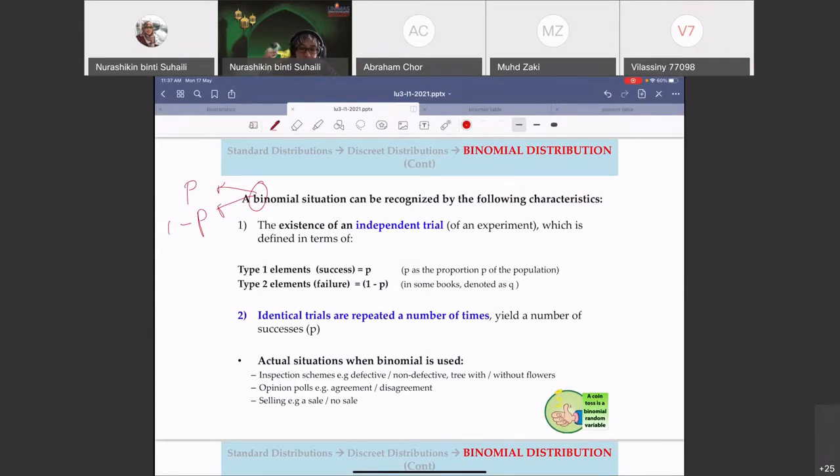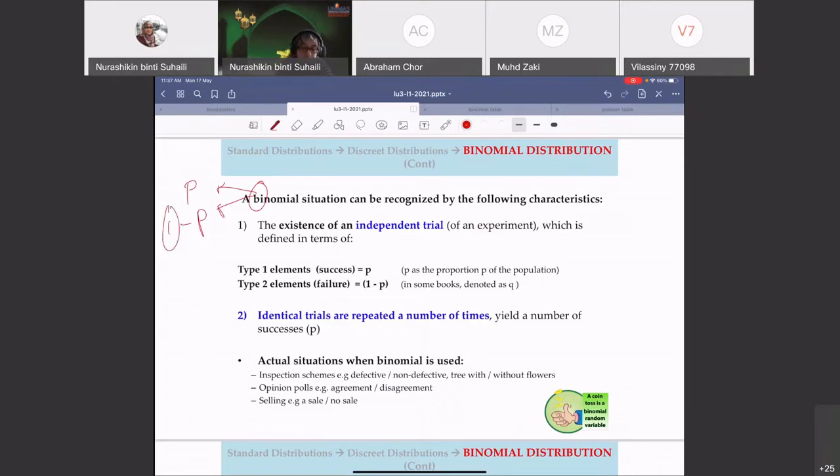We normally name the first condition or situation as P. Let's say we are in a situation where we want success and failure. The success is denoted as P, and the failure is 1 minus P.